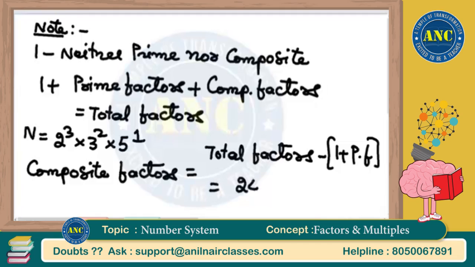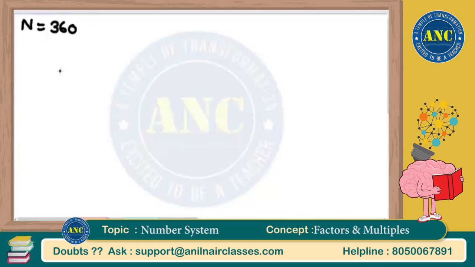Total factors is 24 minus (1 plus 3), so 24 minus 4 is 20. I hope the idea is clear. We will solve very difficult questions as we move forward with the concepts.